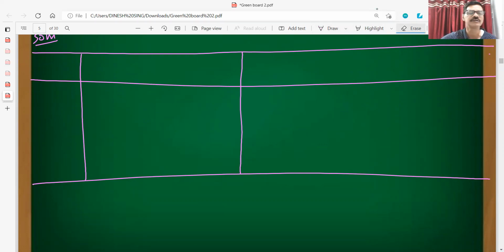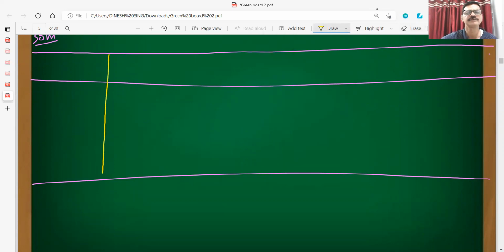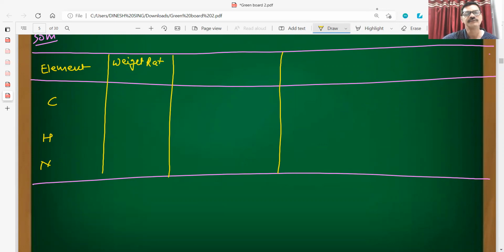The elements are carbon, hydrogen, and nitrogen. The weight ratio is given, that is 9:1:3.5.